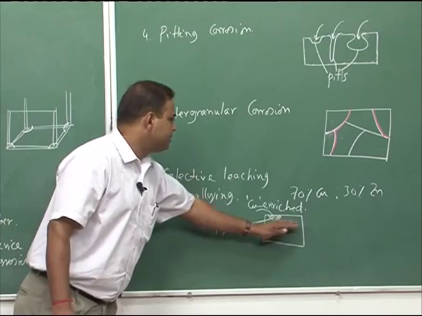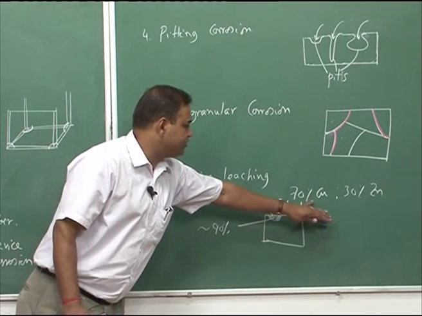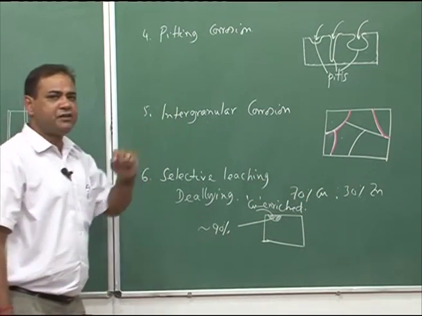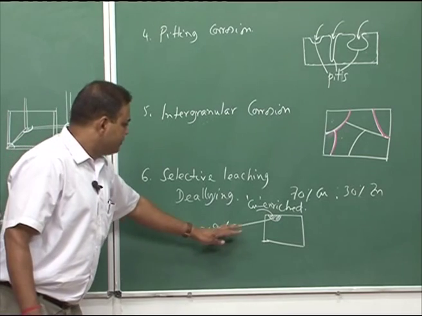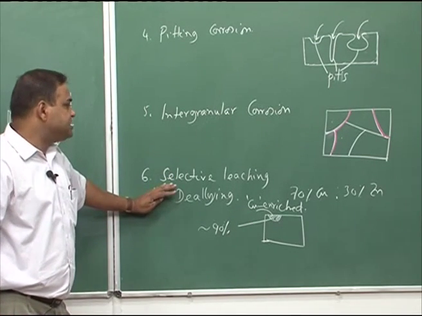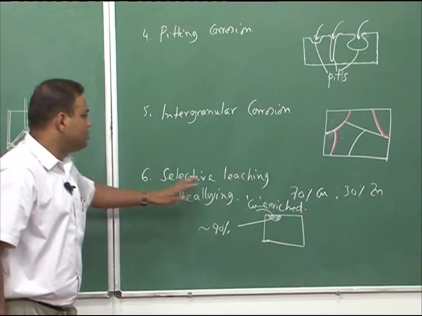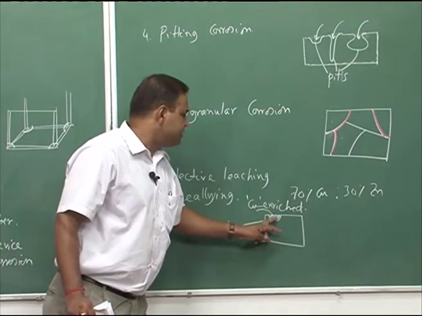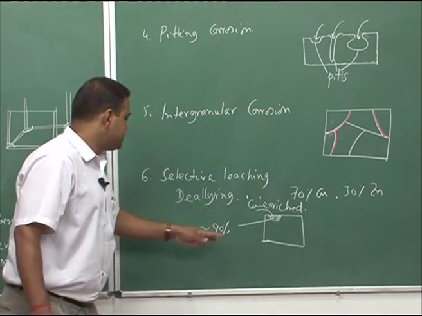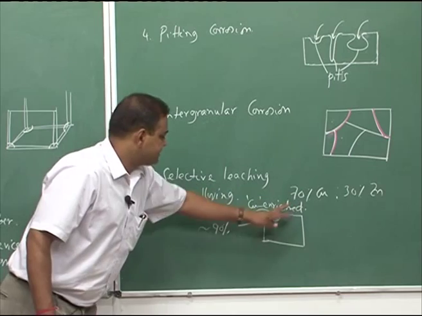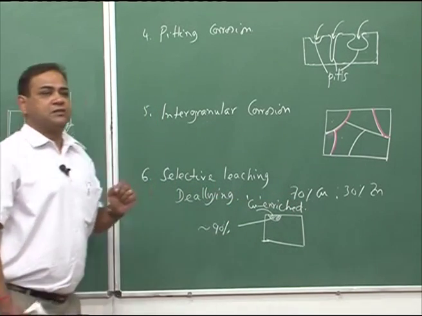Initially, everywhere the concentration was 70% copper, 30% zinc, but due to this selective leaching, or selective dissolution, of zinc in this portion, the copper concentration increases to say 90% from 70%.